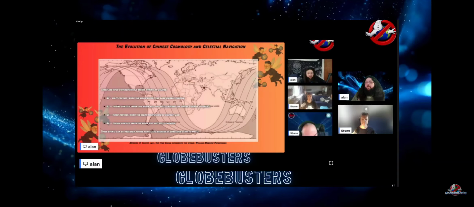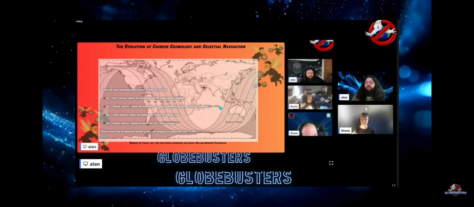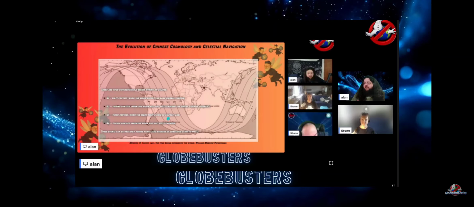When you're out in the field, all you need to do is identify your local time. They would do that by setting up their sticks and shadows. During the day, they would get their local solar noon time, and then wait until night. During an eclipse, at the moment that the moon just emerges from the sun, they look at what star is at their zenith.